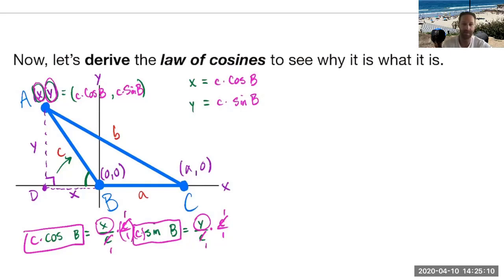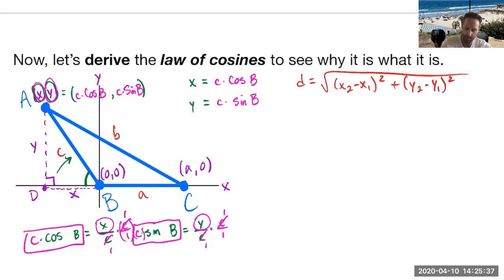I'm going to find the distance from point A to point C, from here all the way to here. And hopefully you notice that is the length of B. Just to remind you, the distance formula is equal to the square root of the difference in my x value squared plus the difference in my y value squared.